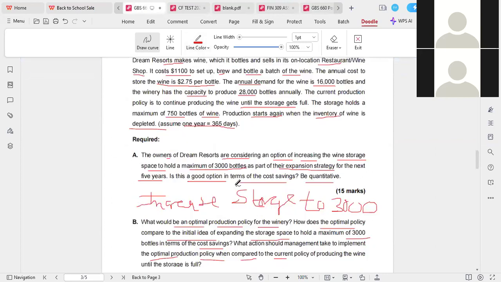All right. So now there is a concern that management, the owner of Dream Resorts, is considering an option of increasing the wine storage space to hold a maximum of 3,000 bottles as part of their expansion strategy for the next 5 years. So let us see if that will be viable.